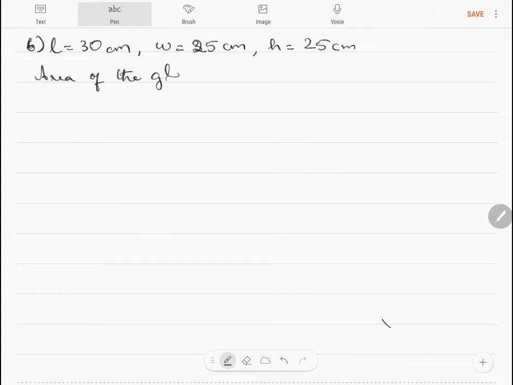Area of the glass. The area of the cuboid formula is 2 into LB plus BH plus HL.